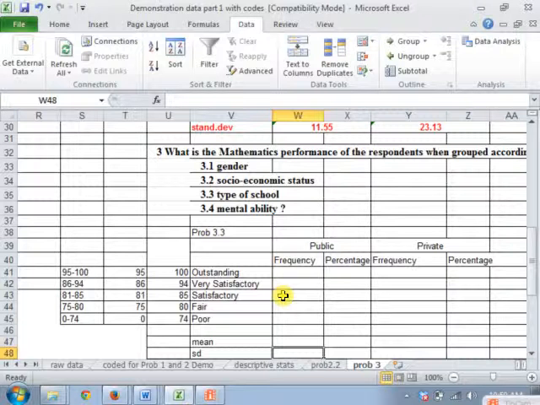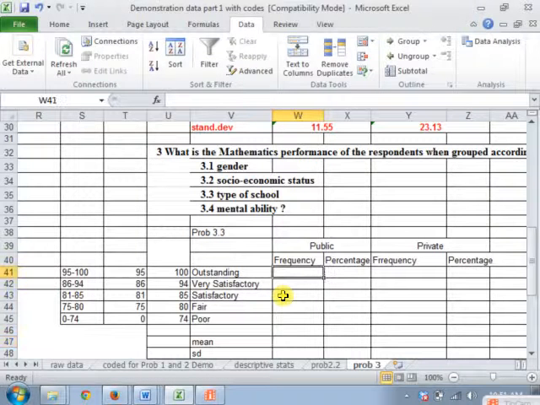It would also be best to present how they are distributed, because the mean will just produce the typical, the center, but the spread, you don't know. Are there people from outstanding to poor? Because if you only present the mean, you automatically assume maybe those from the public are outstanding, but you don't get to see whether there are also some from satisfactory and very satisfactory, only minimal because of this mean.